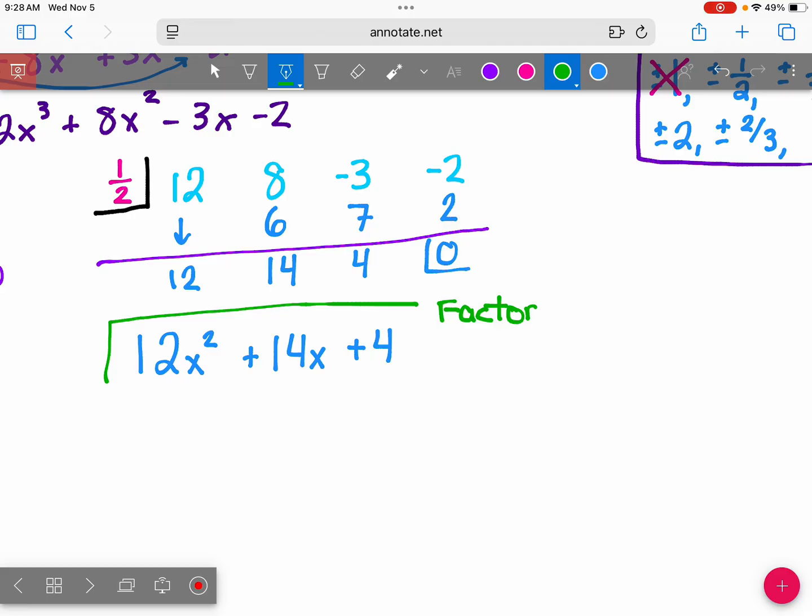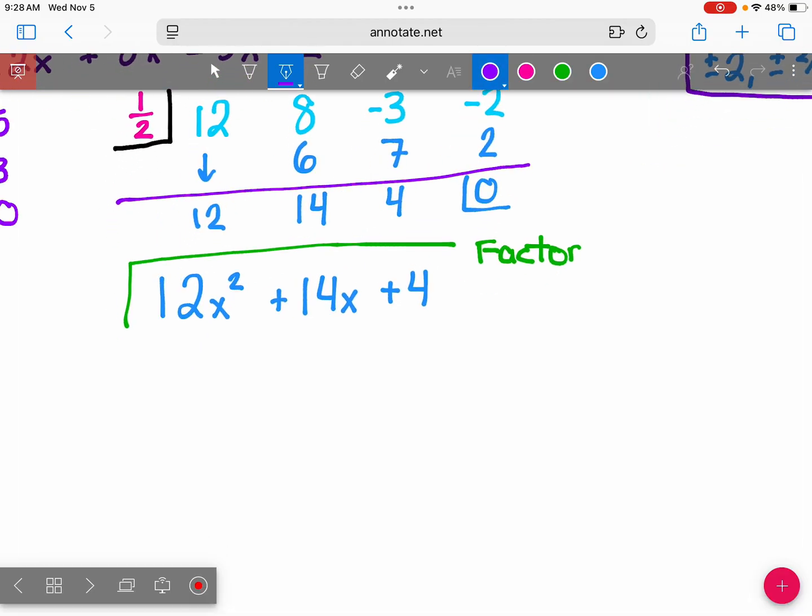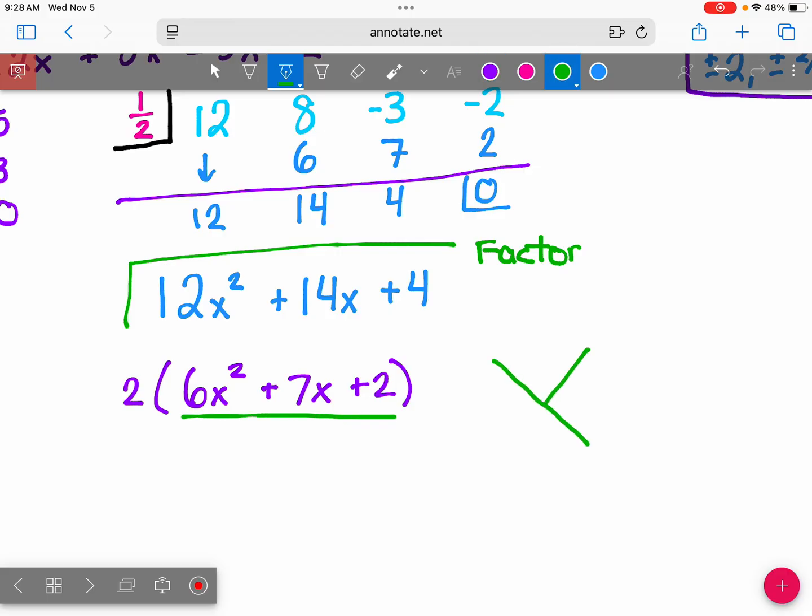We're not just going to start with our a times c. We have to check for a greatest common factor first, because what are these all divisible by? 2. So this is the same thing as 2 times 6x squared plus 7x plus 2. That's going to be a lot easier to factor and much less prone to mistake. So always double check for a GCF. And we can use this to find the rest of our roots.